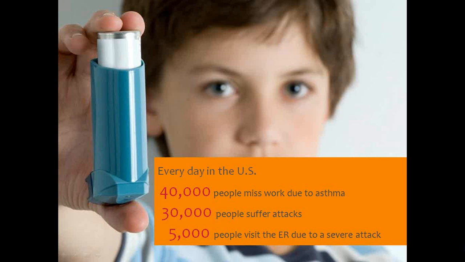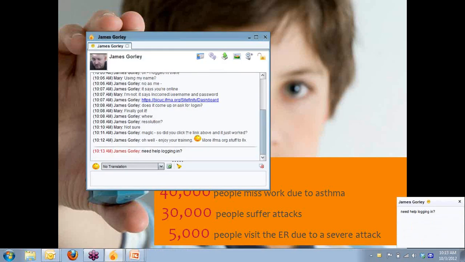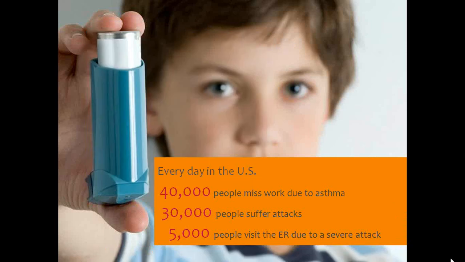But probably the most shocking information that we found out about asthma is that now we're finding people in their 30s, 40s, and 50s developing asthma who did not have it as a child. And that's typically not the normal progression of the disease. Typically people develop asthma early on, about 50% of them outgrow it, the rest of them deal with it through medication.